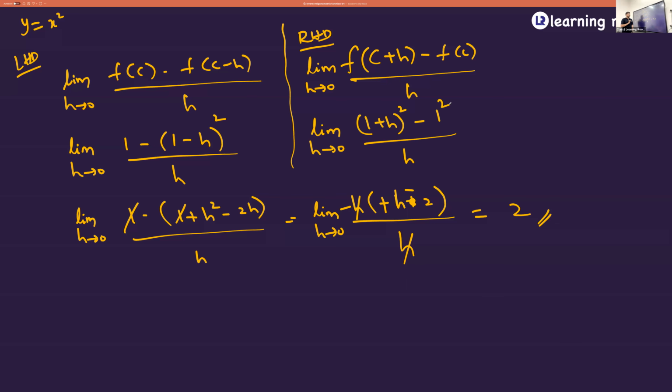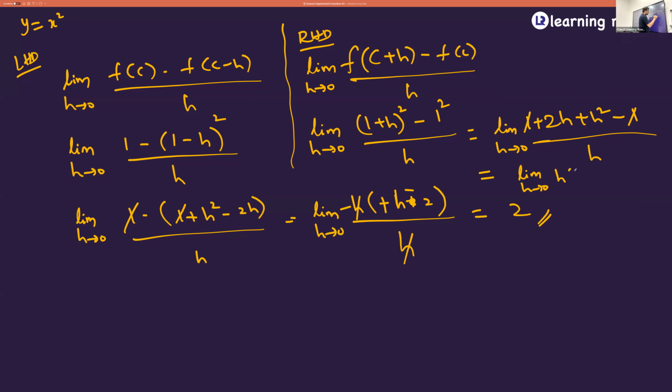So this will be limit h tends to 0. 1 plus h the whole square is 1 plus h square plus 2h, minus 1, divided by h. 1 and 1 will get cancelled. What is common? h is common. So when you take out that h, h and h will get cancelled. So what are you left with? Limit h tends to 0, h into h plus 2 divided by h. h and h will get cancelled. Answer.